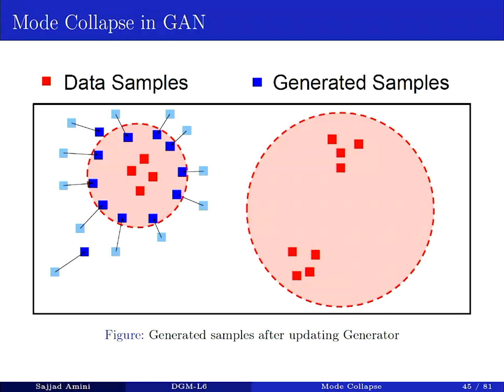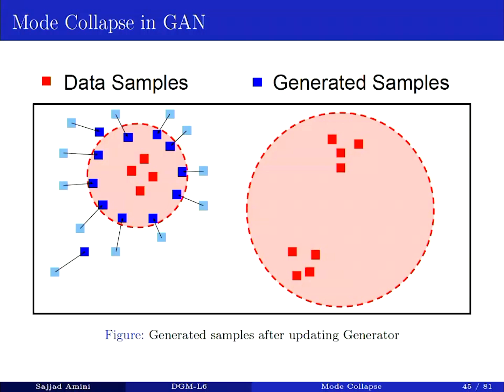Some of them also enter the regions that the discriminator decided are data samples. So in this figure, the performance of the discriminator is not optimal anymore. Why? Because the discriminator assumes that these samples are coming from the true data distribution while they are generated.